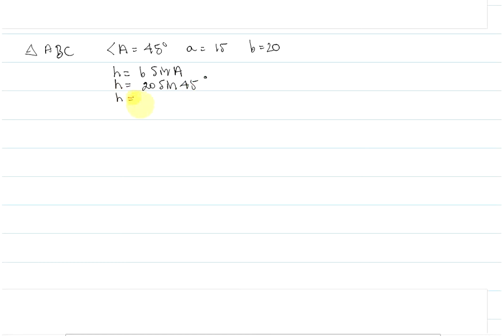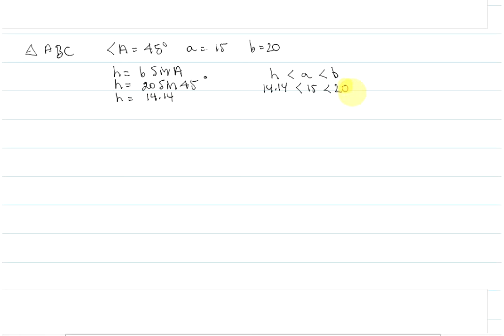And you get that the height is 14.14. Okay, so you can see that the height is shorter than A, and A is shorter than B. So what we have here is H is less than A, which is less than B. So 14.14 is less than 15, which is less than 20.